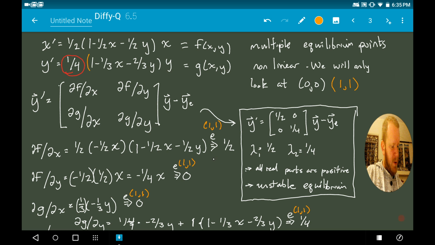So that would produce, for this one, negative 1/4, and we would get df dy. So that would be negative 1/4 as well. This one, del g del x, is going to be negative 1/12. And this one here is going to be negative 1/6.